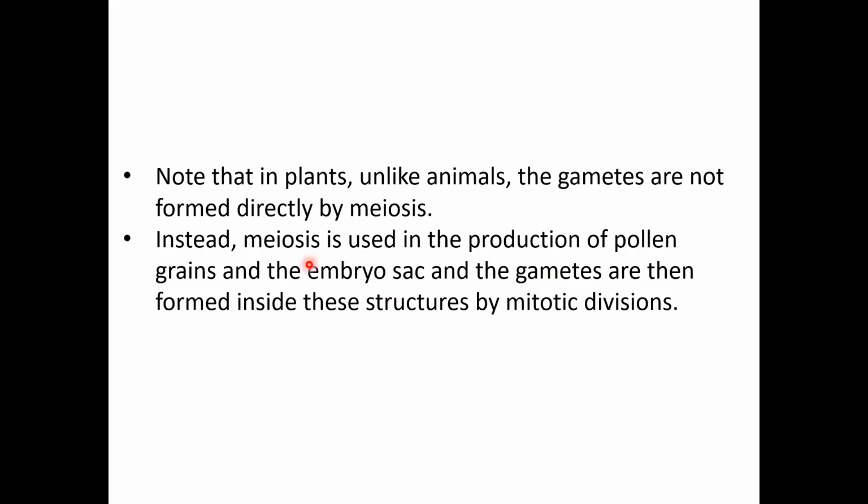So pollen grains and embryo sacs are produced by meiosis, but the gametes are then formed inside these structures by mitotic divisions. So this is one difference between gametogenesis in humans that we just studied a while back and gametogenesis in flowering plants.